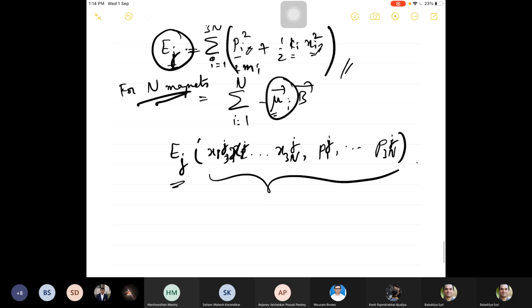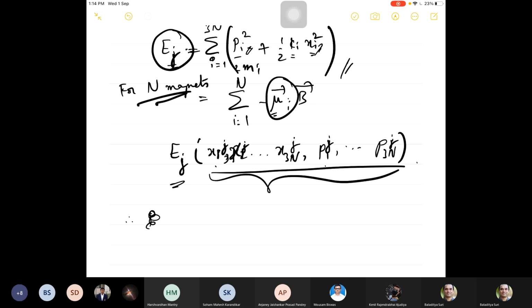All right, I will conclude with this point: the energy of a state Aj, which is Ej, is usually a function of 6n variables. x and p are continuous variables.